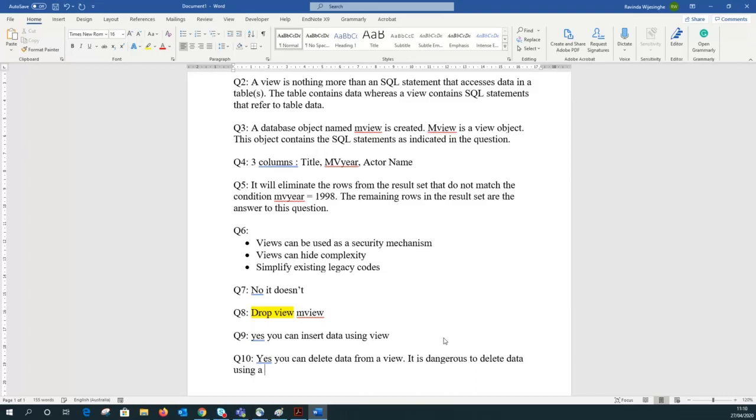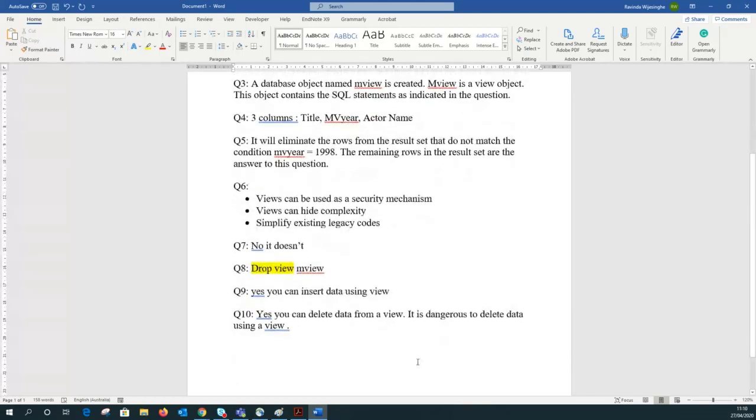Why is it dangerous using a view? You need to be very careful when deleting data using the view. The reason is, as I told you last week, some tables can contain constraints which are not reflected in the view. A view can select certain columns, but not the whole column set from certain tables.